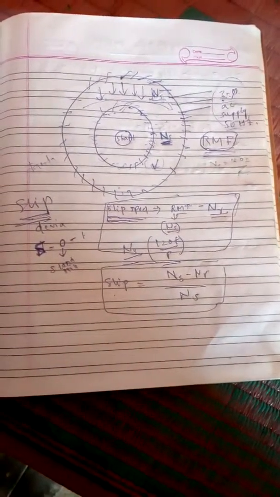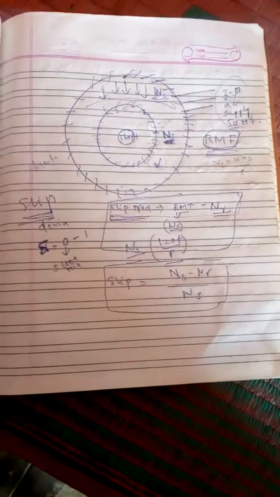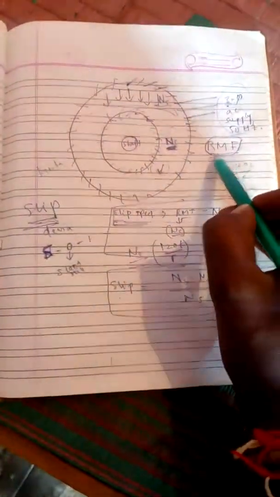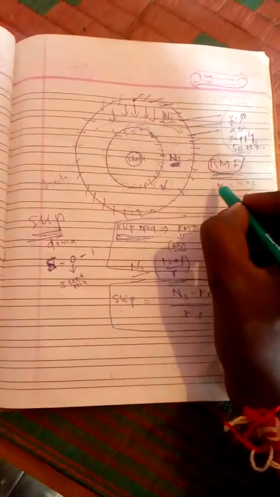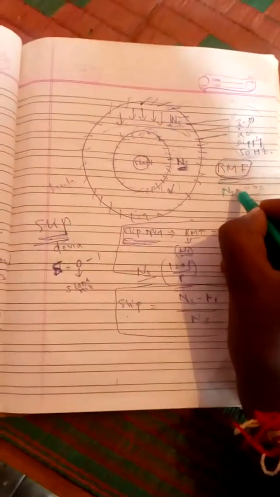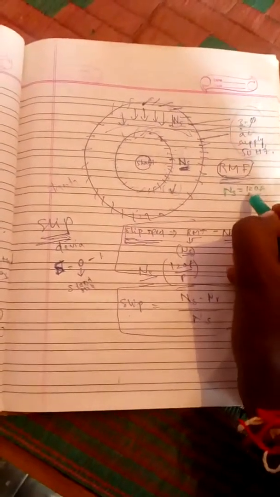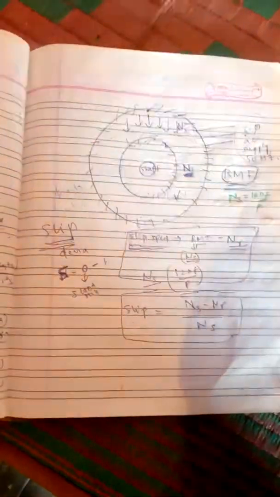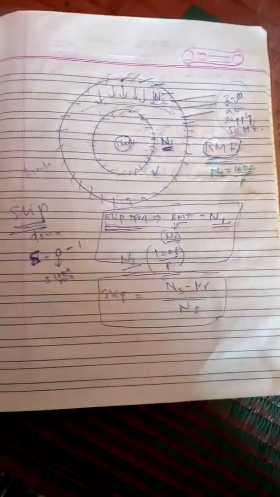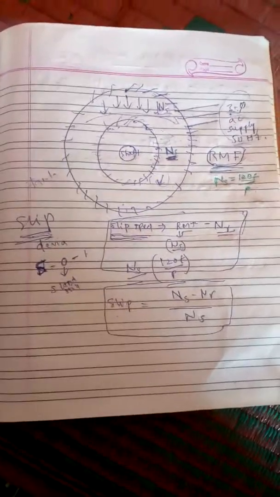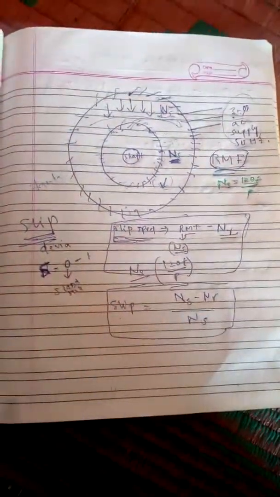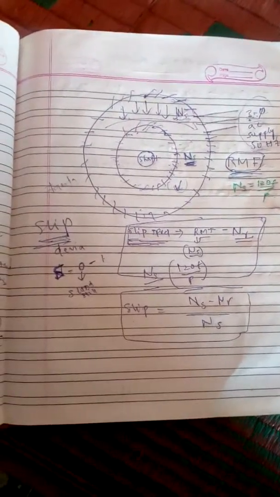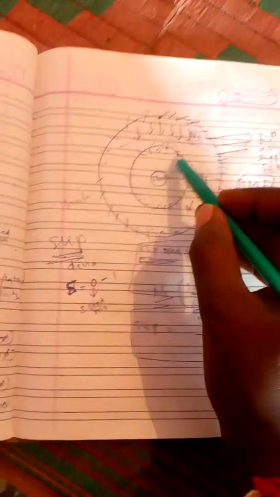That rotating flux is the RMF, the rotating magnetic field, which runs at synchronous speed, that is Ns equals 120 f by P. This is the maximum speed, depending upon the frequency and the number of poles used in this machine. So here we have a rotor and rotor winding.